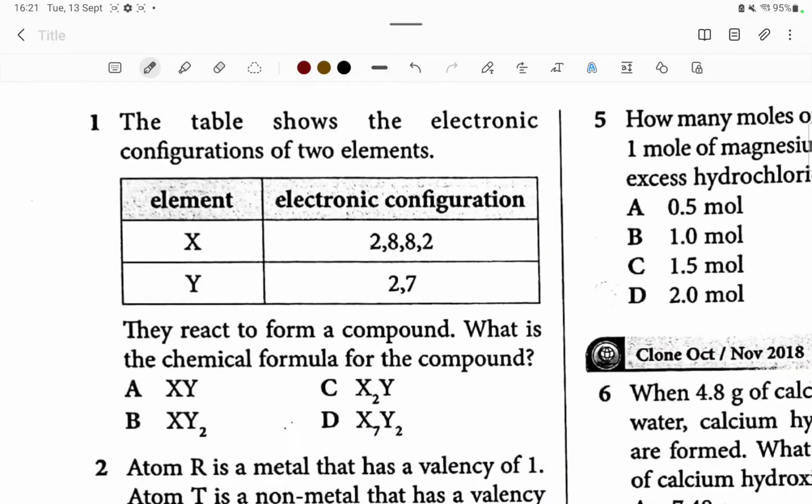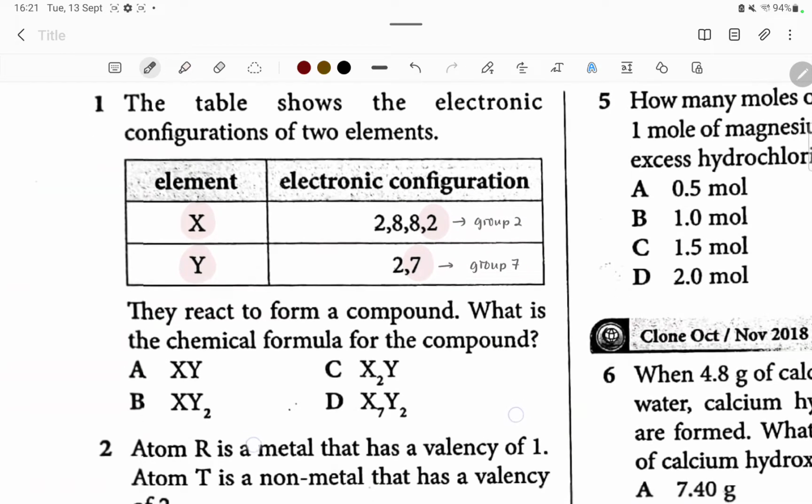Okay, they give you X and Y. Notice that the last number of X is 2, Y is 7. So this means that X is in group 2. Y is in group 7. So the valency of X is, I write here, valency.